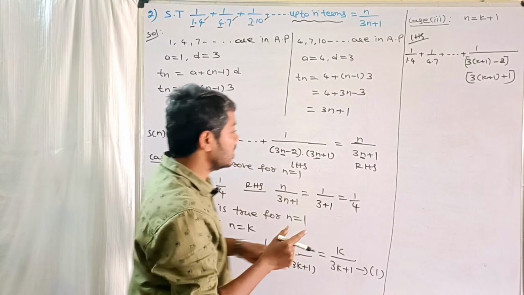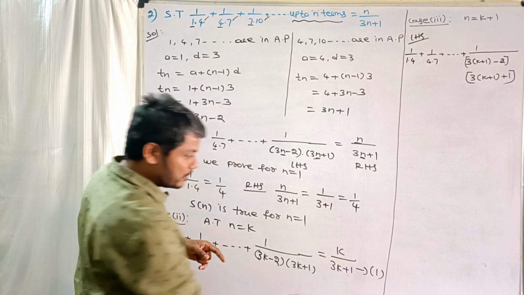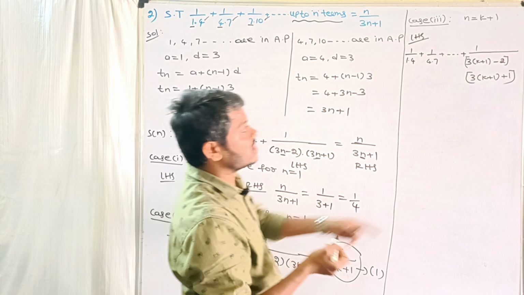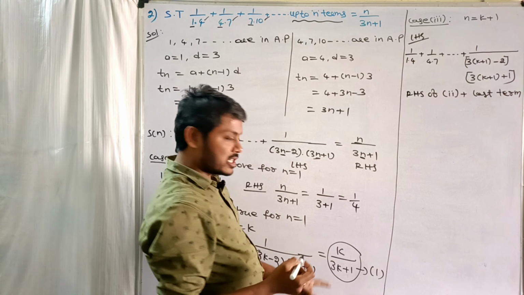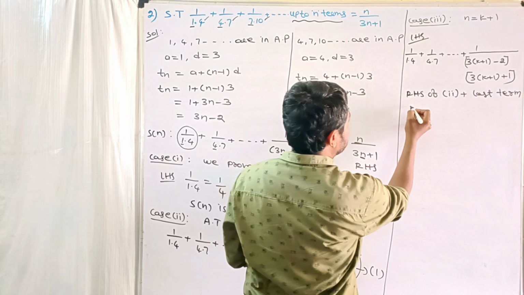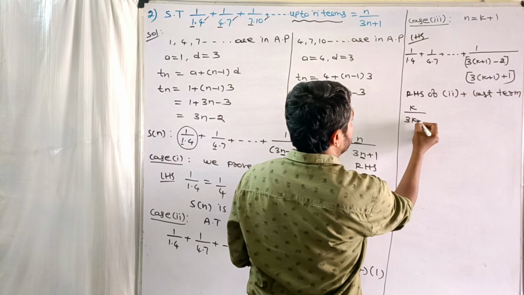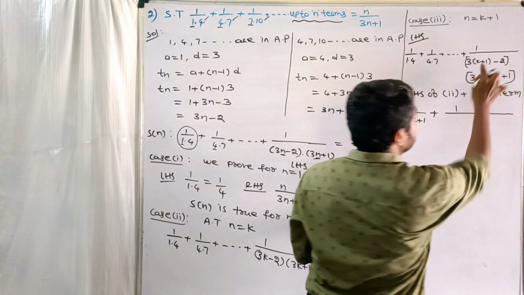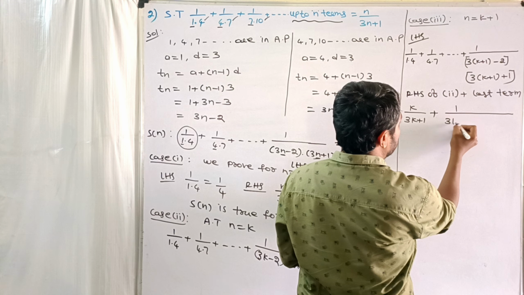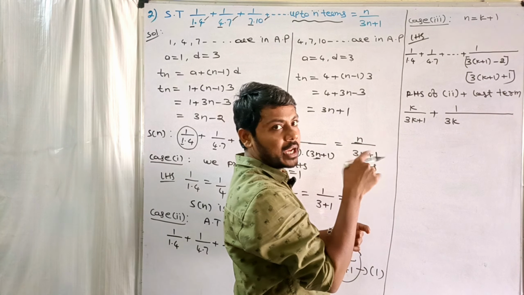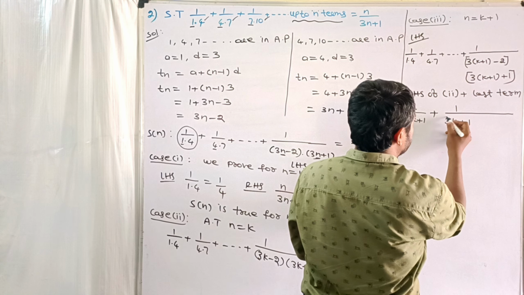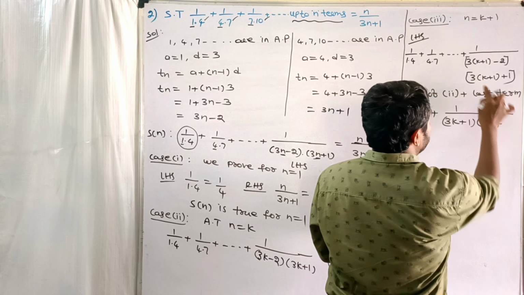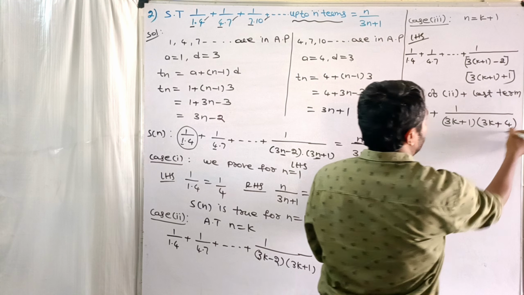So what is the RHS of case 2? k by 3k plus 1, plus the last term, this one. 1 by, we can simplify this: 3 into k, 3k, 3 into 1, 3 minus 2, that is 1, into again 3k, 3 plus 1, 4.